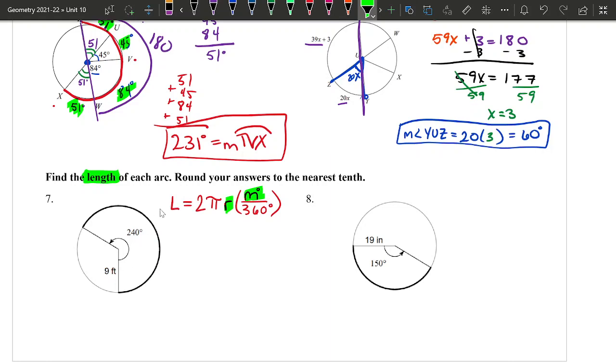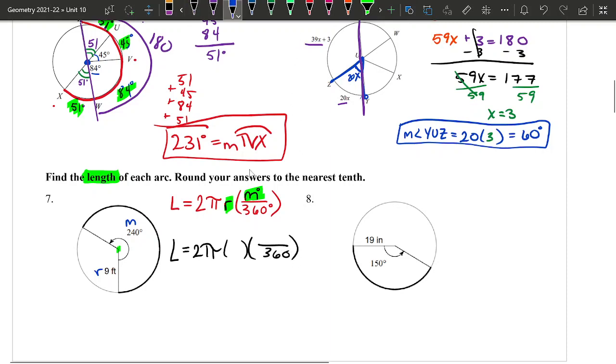Okay, so the bolded part shows that the angle is 240 degrees and it's a central angle. So that means the arc is also 240 degrees, so that is M. M is 240 degrees and the radius is 9. So L equals 2 pi times blank over 360.